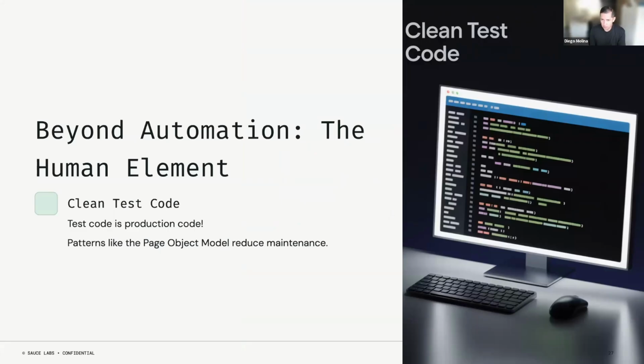I think it goes without saying that clean test code means that you have code that is easy to maintain, easy to work with, and that when you need to change to another framework, make an upgrade, or change locators, the abstraction layers in your code are simple to understand, you can make changes in a simple way, and they don't give you too much trouble.